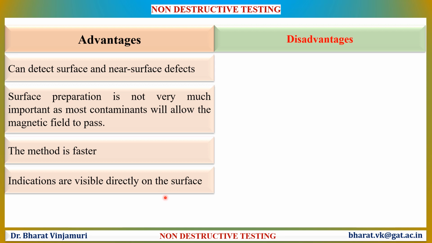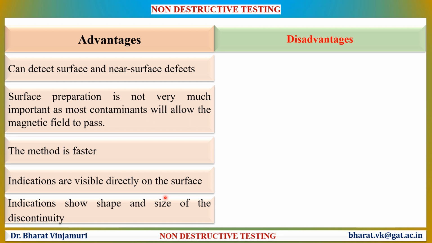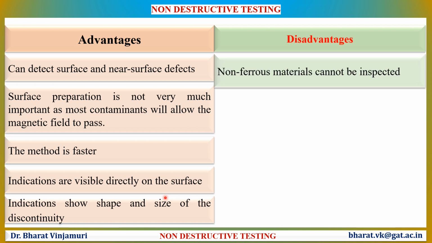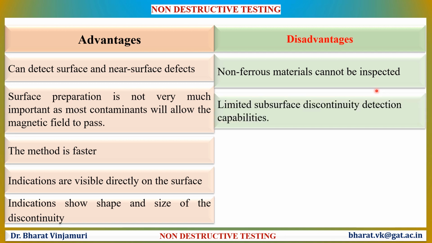Let us now understand the various limitations of this process. This process can be employed only for ferrous materials, and non-ferrous materials cannot be inspected using magnetic particle testing. Limited subsurface discontinuity detection capability is the major drawback of this process.